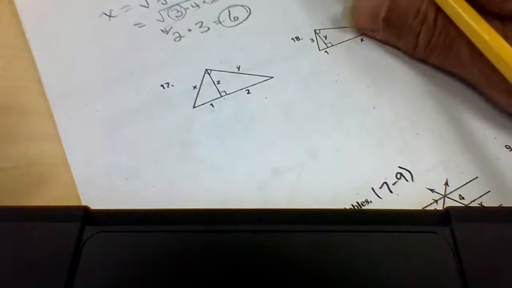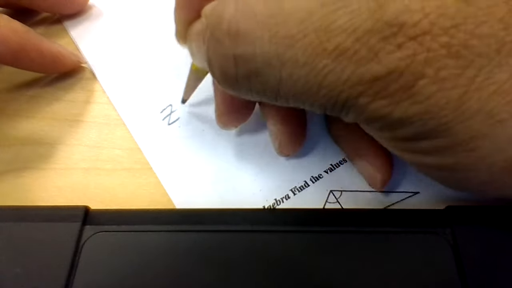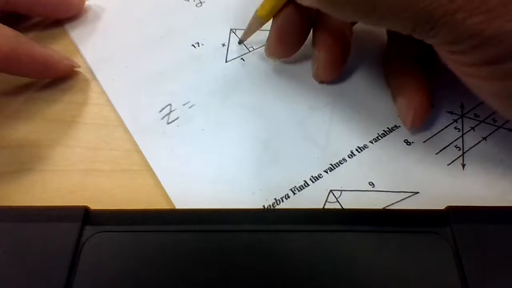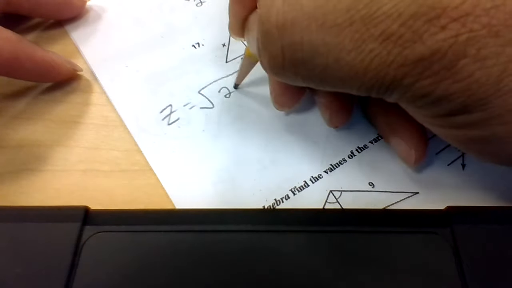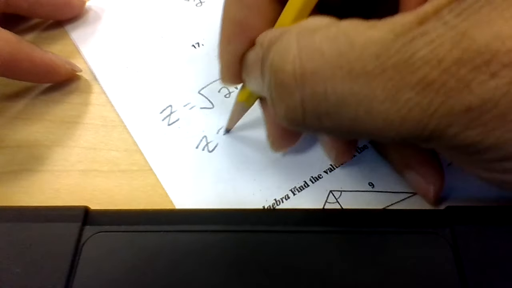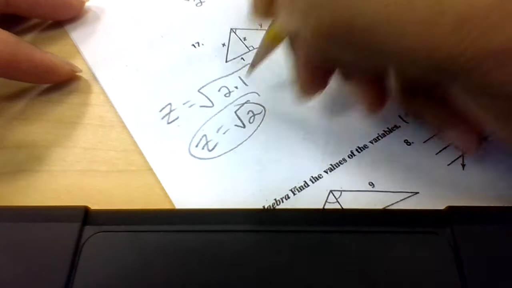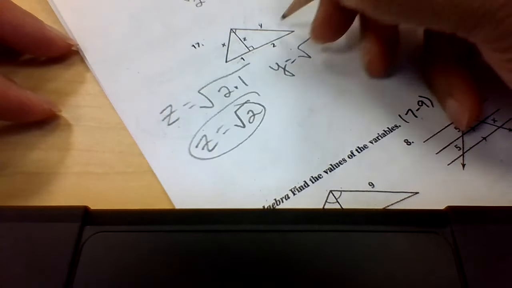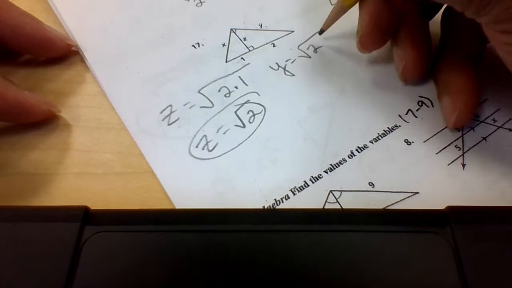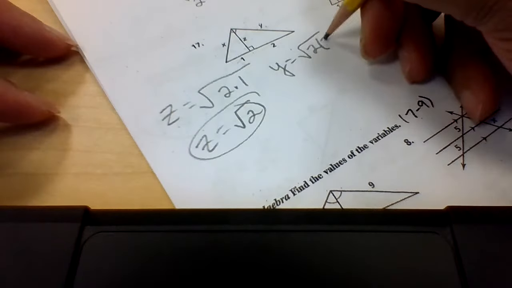Trying to find something in the middle. So that's z. So to find something in the middle is the square root of the two bases. You multiply them together. So z is going to equal the square root of 2 y. Closest base is 2 times the total base, which is 3.